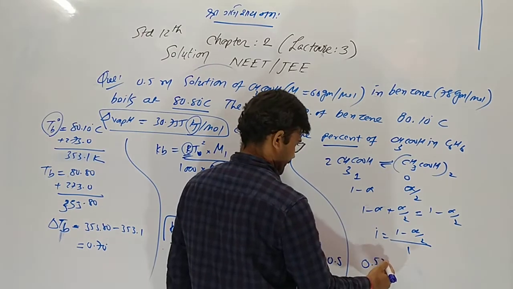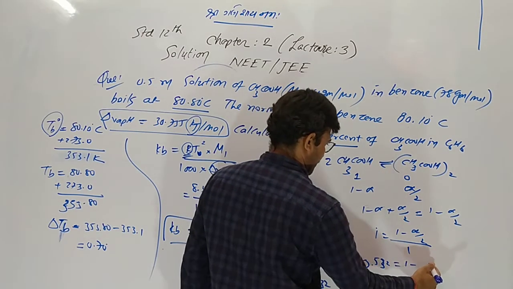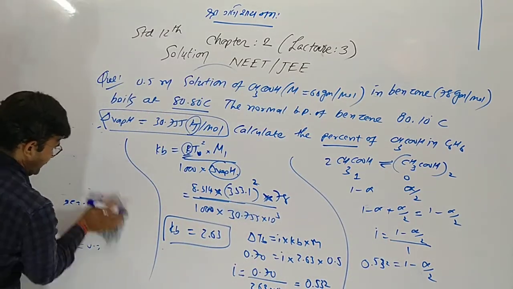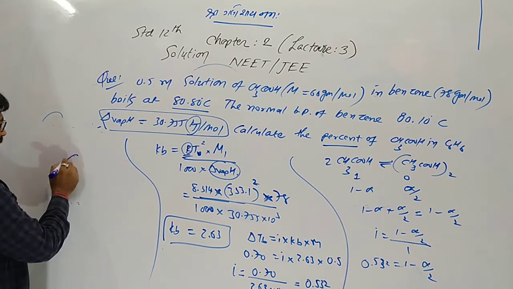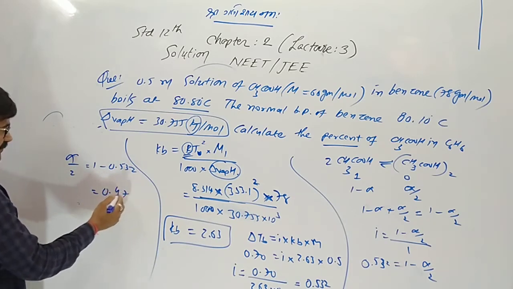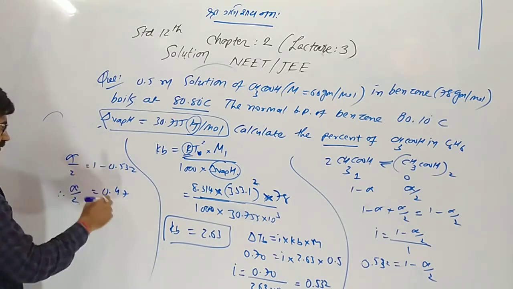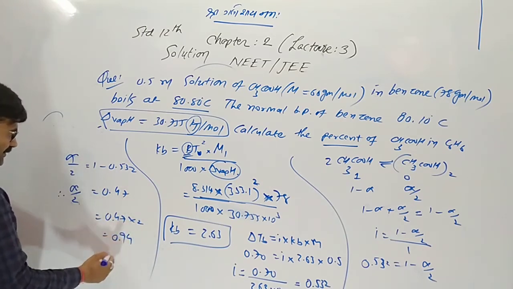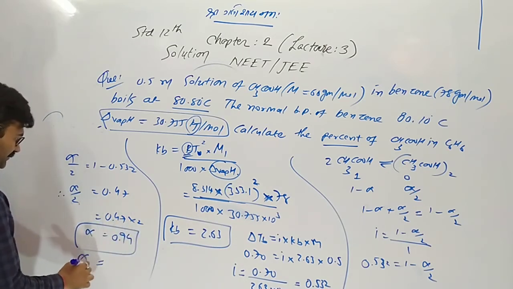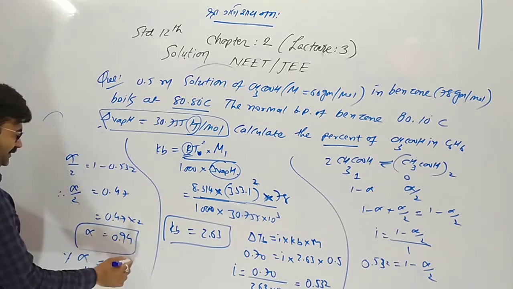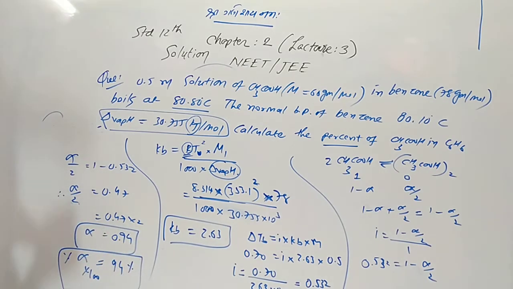So i is 0.532, equal to 1 minus alpha by 2. Here you can see alpha by 2 is equal to 1 minus 0.532, so 0.47 rounded off. 0.47 multiplied by 2 is 0.94, and multiplying by 100 gives the percentage. So 0.94 times 100, so 94% association occurs.